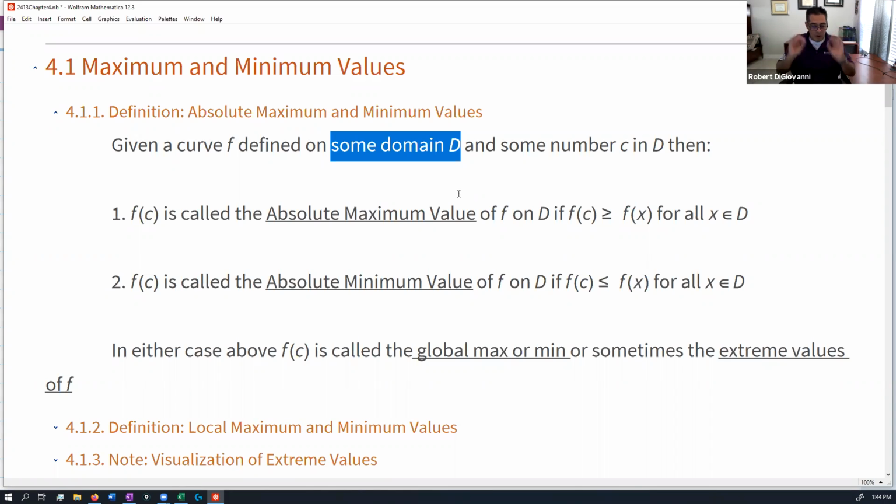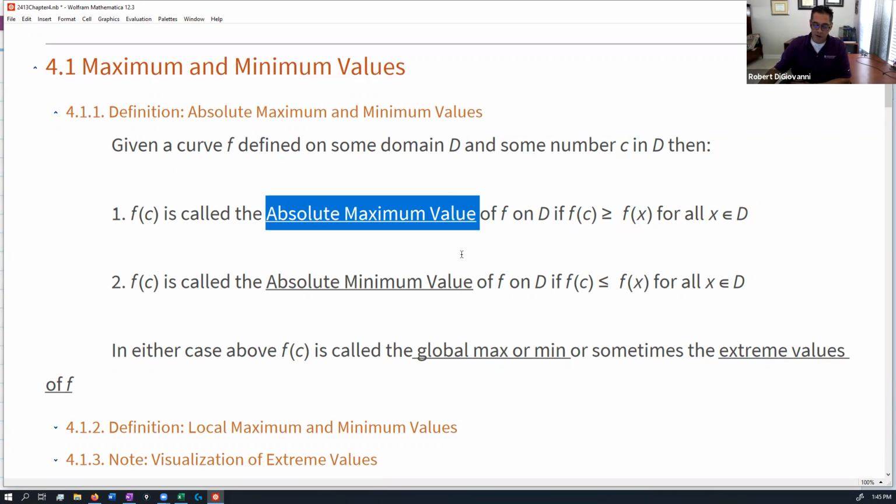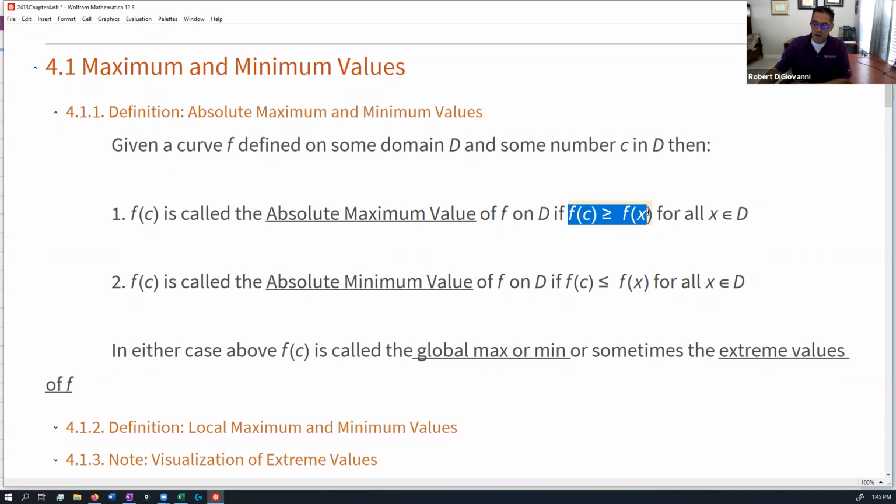If we're given a function on some domain and some number c in that domain, we will call that f of c, the value of the function at that point, the absolute maximum value of the function, if f of c is bigger than or equal to f of x for all x.